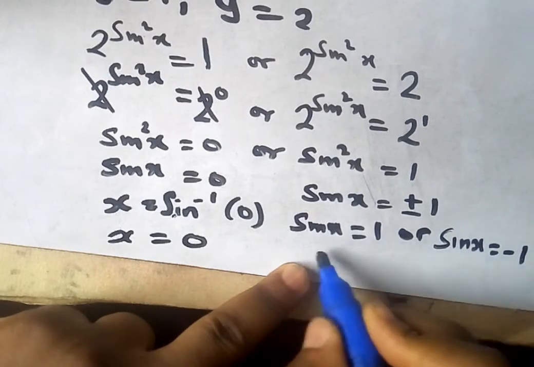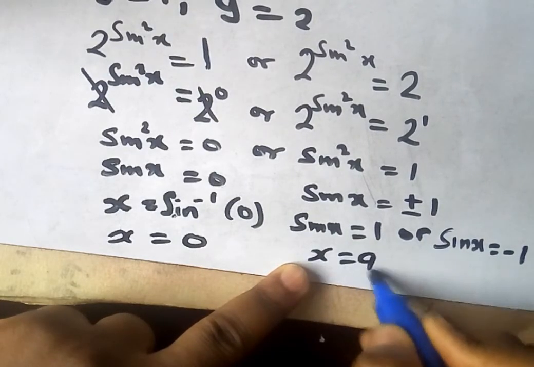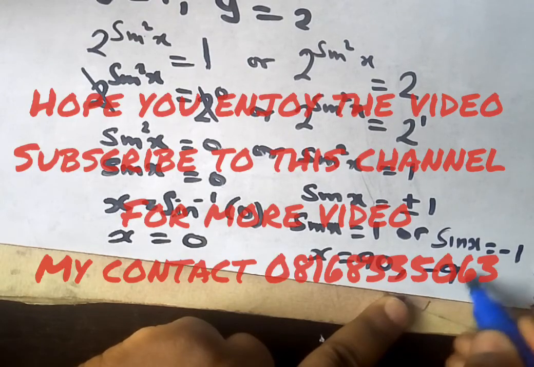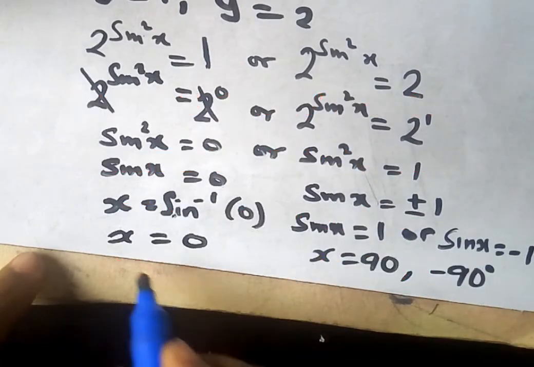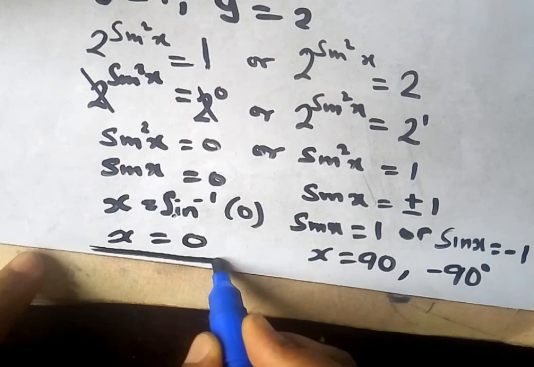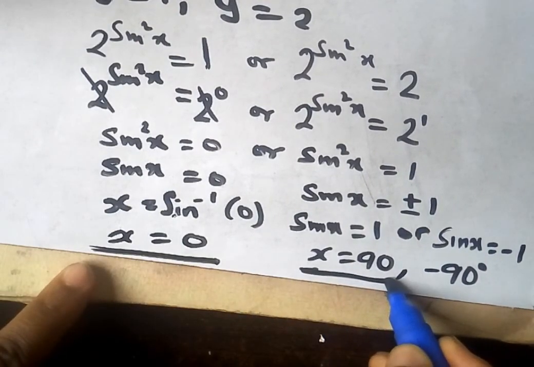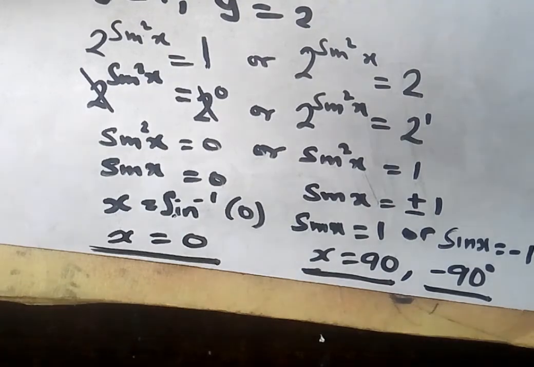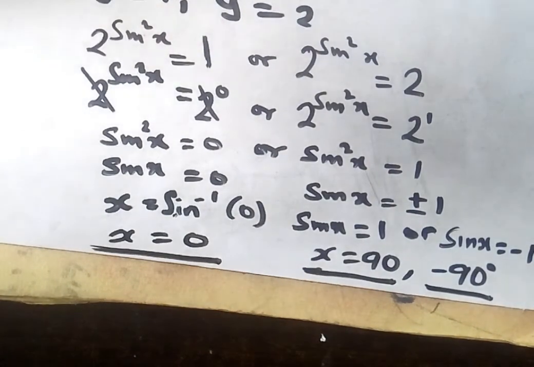When you take the sine inverse of 1, you get x to be equal to 90. And when you take the sine inverse of minus 1, you get minus 90. So the values of x are x equals 0, x equals 90, and then x equals minus 90. And this is the solution to the problem.